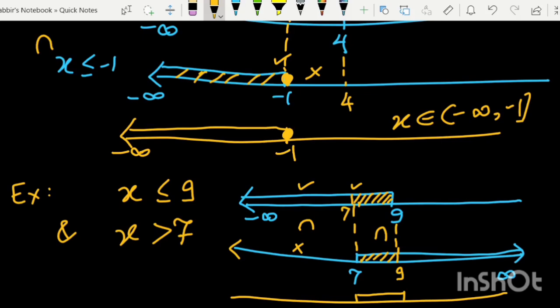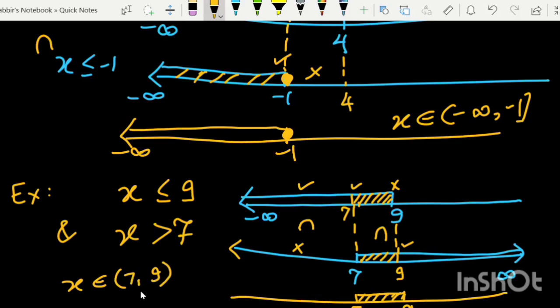So all the values from 7 to 9 we will take. Now as far as 9 is concerned, 9 is not included here, although 9 is included in the other, so it won't be a part of their intersection. So 9 would be an open bracket, so 7 to 9 would be the answer. x belongs to 7 to 9.